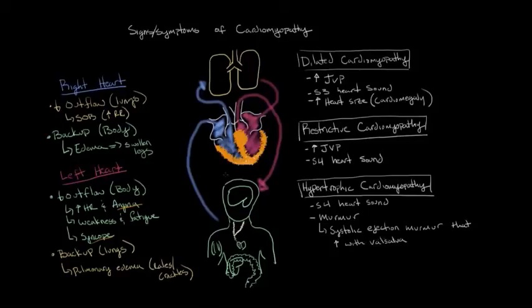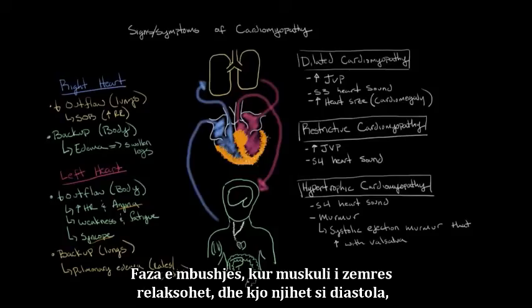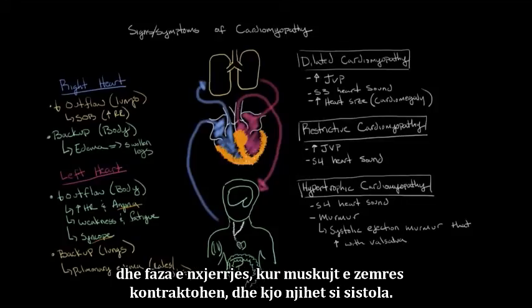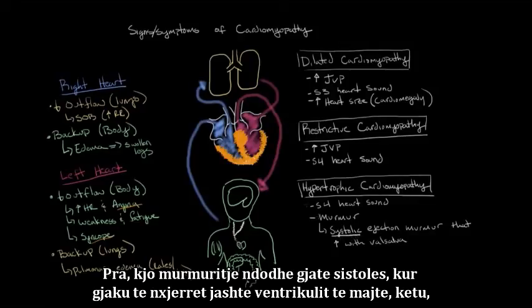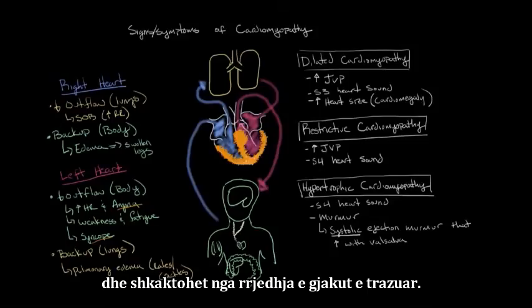So let's break this down. Well, there are two phases to a heart pumping. It has the filling phase when the heart muscle is relaxed, and that's known as diastole. And it also has the ejection phase when the heart muscle contracts, and that's known as systole. So this murmur occurs during systole when blood is being ejected out of the left ventricle here, and it's caused by turbulent blood flow.